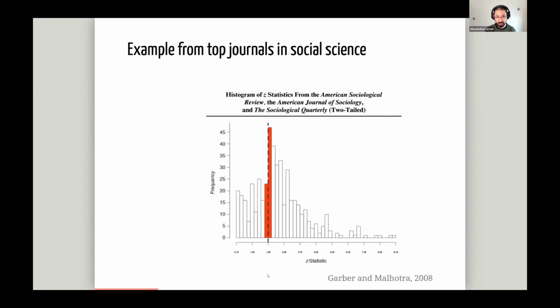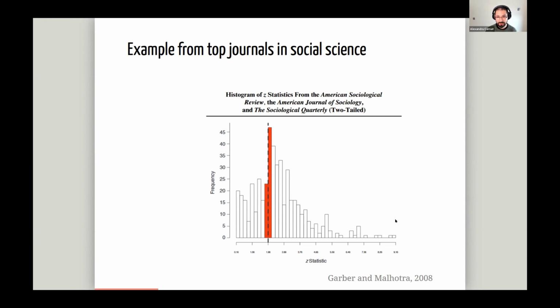Your z-statistic would not have an impact on likelihood of publication. On the other hand, what we actually see is that if your test is just above the threshold of 1.96, the likelihood of publication increases significantly. So you're more likely to get published if you have a significant result.